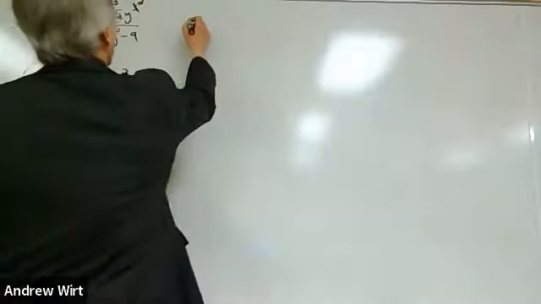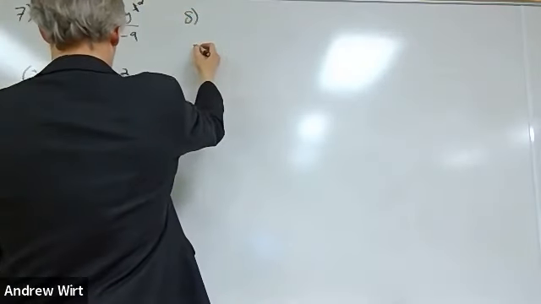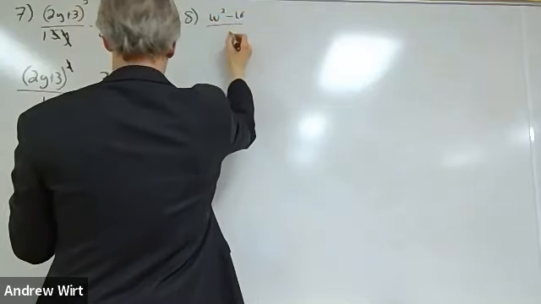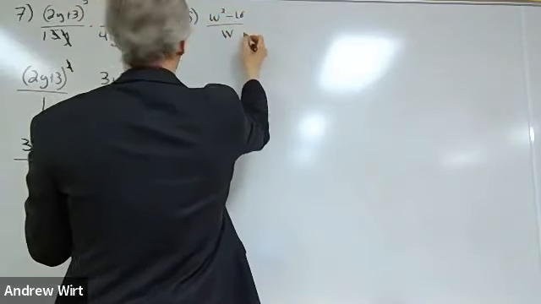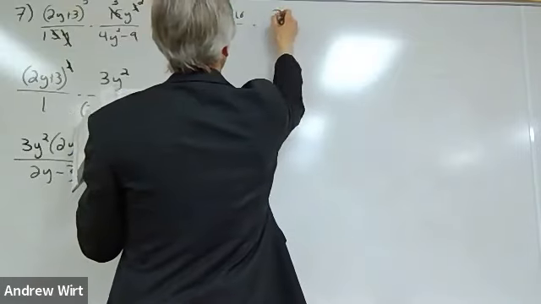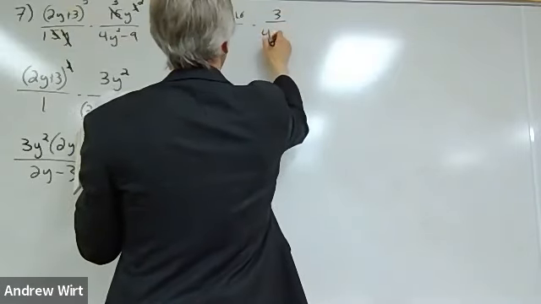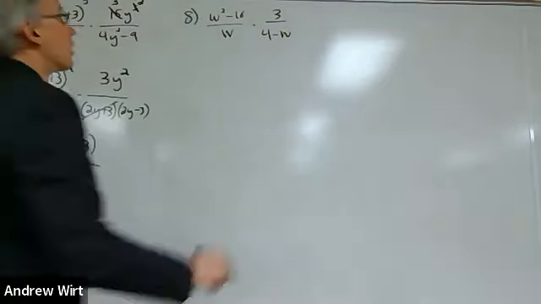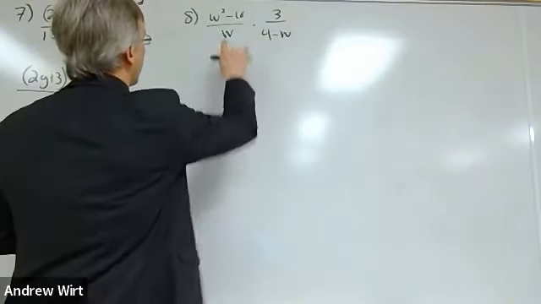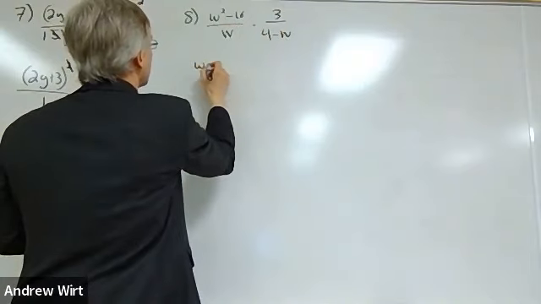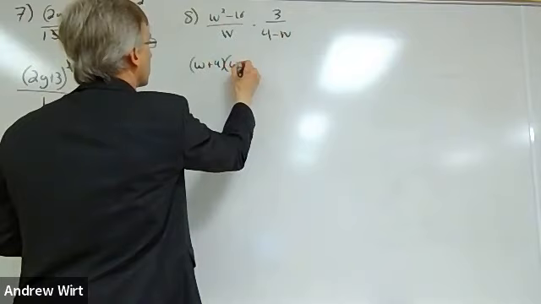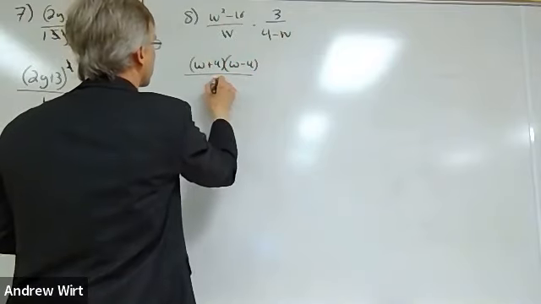Number 8. Nothing we could cancel right off the bat, so let's factor this thing. Difference of squares, w plus 4, w minus 4, over w.